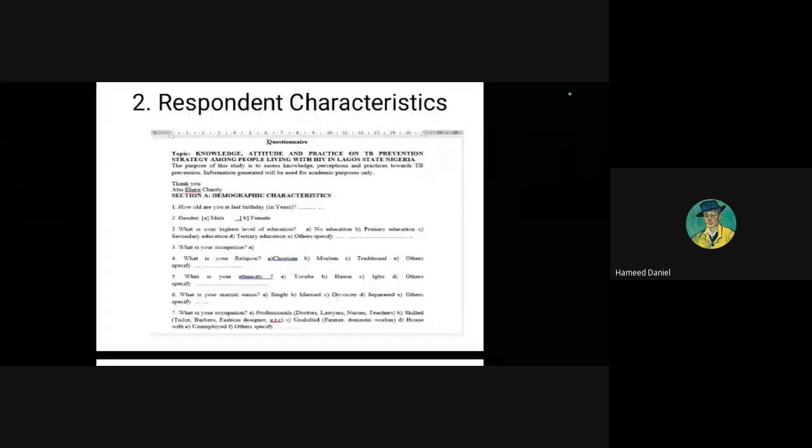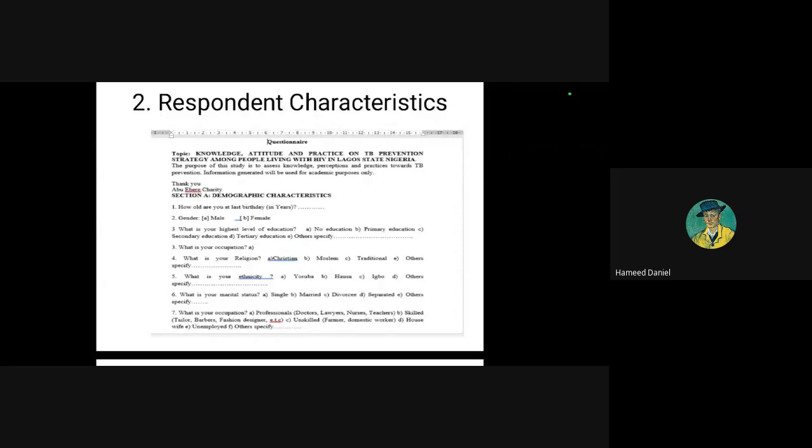I'll tell you what to guide you when you are trying to build your questionnaire. How old are you? Gender, your respondent's gender, your respondent's level of education. This is the part where that would be included.